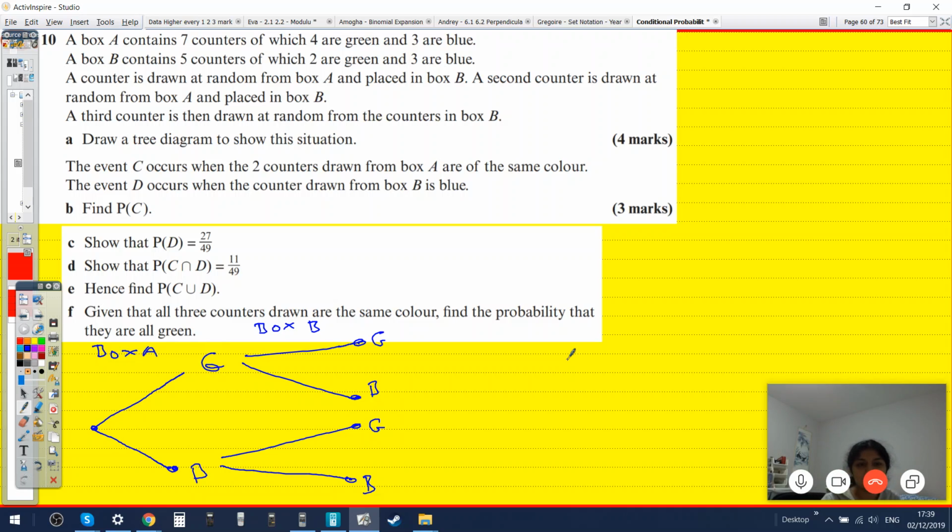I don't really know how to draw it in a tree diagram because it's like taking two counters off and putting it in another box. Oh, okay. Sure. So we've got a tree diagram. I'll fill in the stuff. How do we do B?